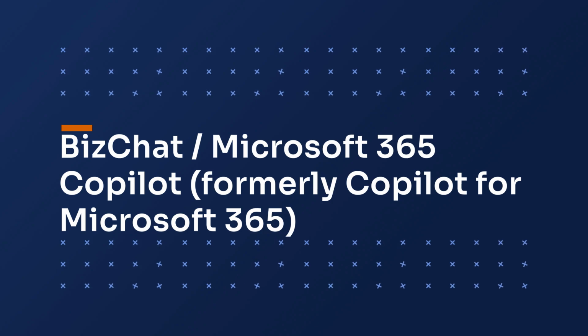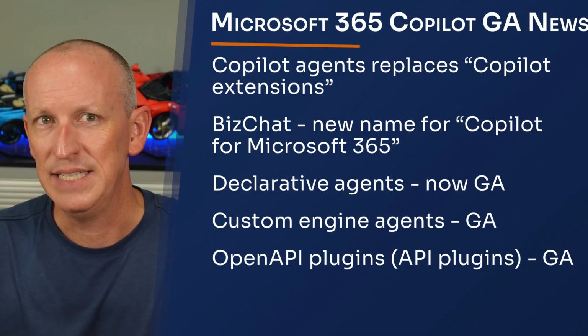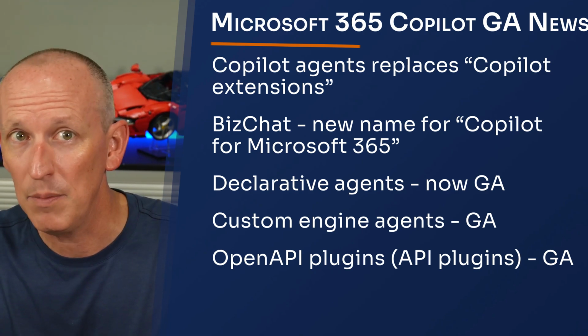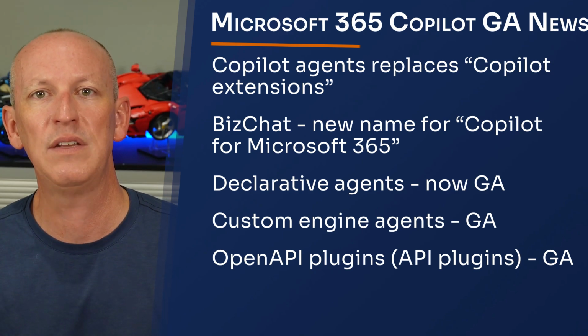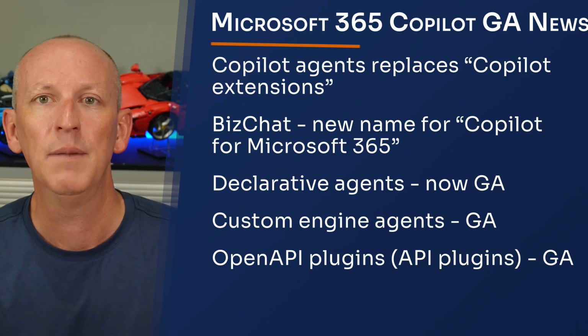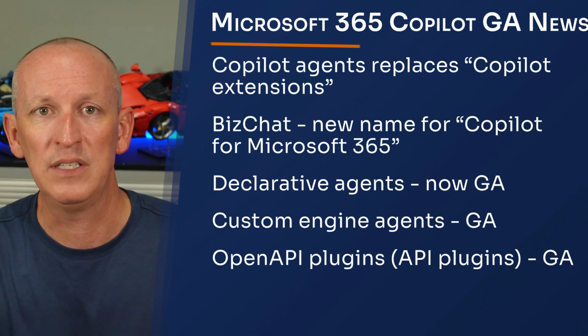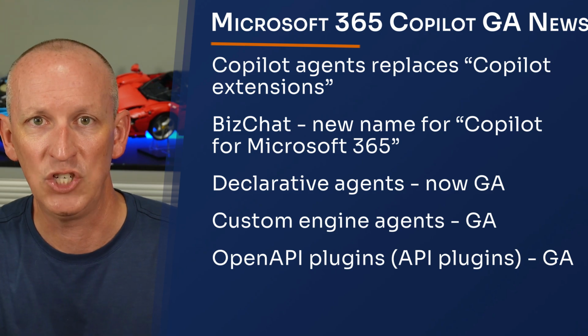This was formerly known as Copilot for Microsoft 365, and it's also known as Microsoft 365 Copilot or M365 Copilot. BizChat is that chat experience that leverages data from Microsoft 365, and it's available across various Microsoft 365 experiences, including Microsoft Teams, all of the Office apps, and the chat experience that you can find at office.com/chat.